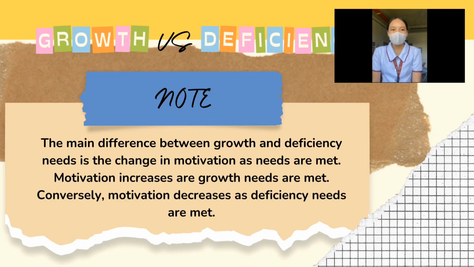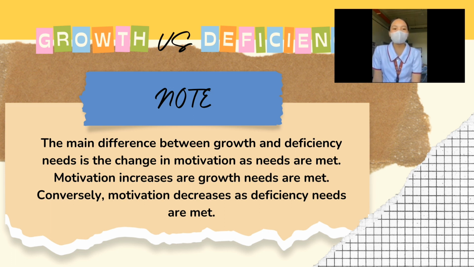Growth and deficiency needs. Maslow separated his hierarchy into two different types of needs: growth needs and deficiency needs. The main difference between growth and deficiency needs is the change in motivation as needs are met.